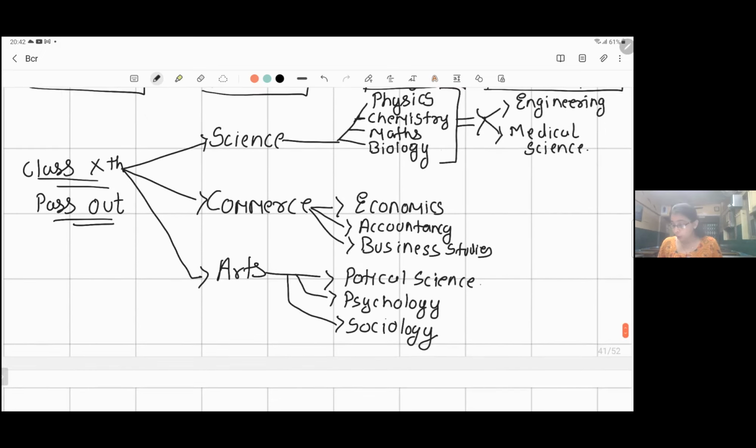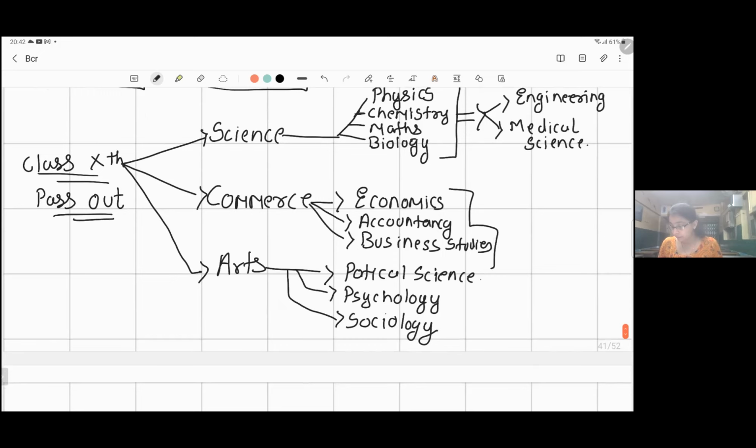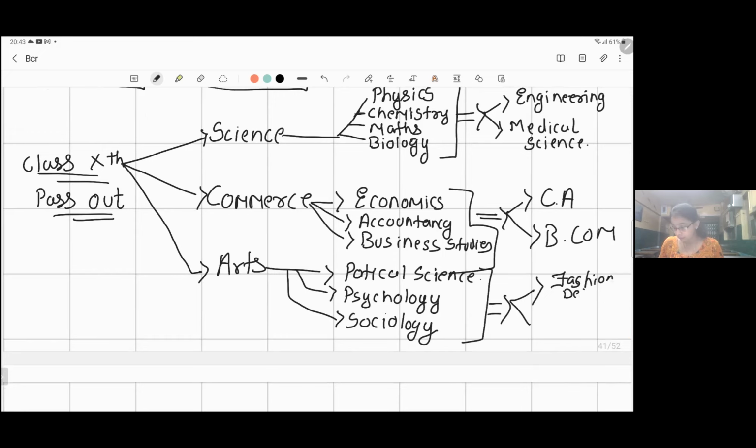Right? For commerce, that is two, CA and BCom. And for arts, there are two, that is fashion designing and next is LLB.